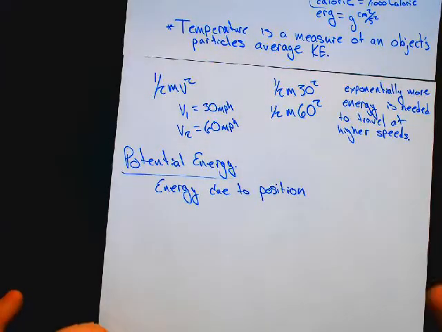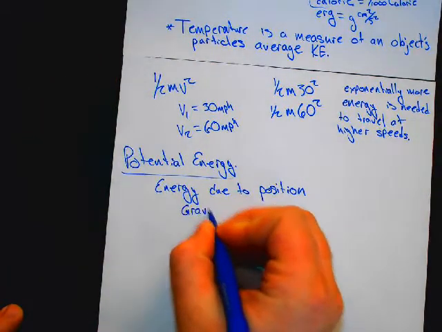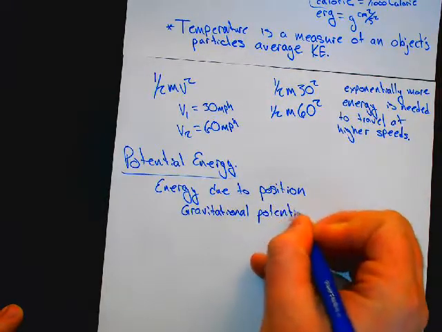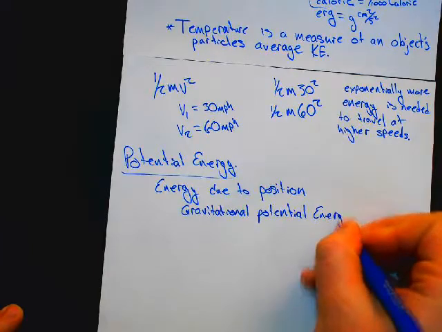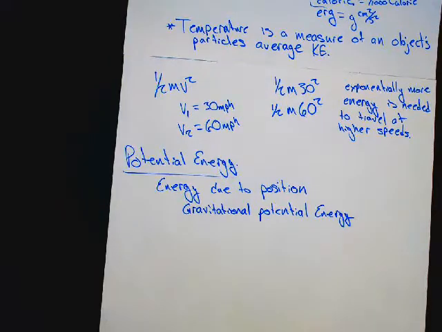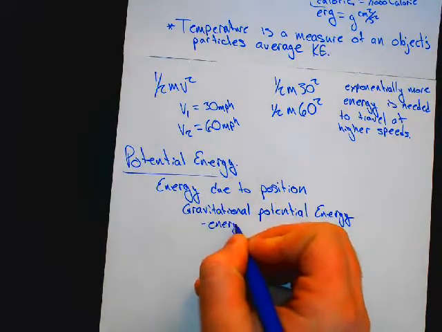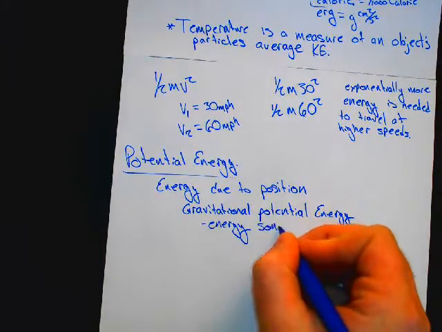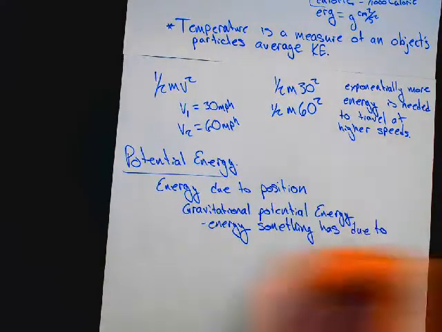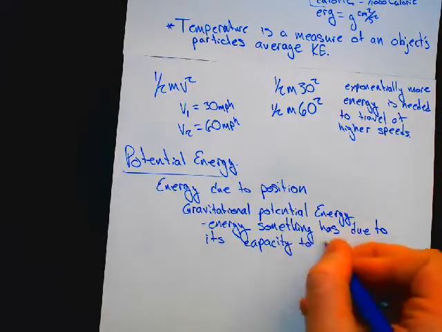Now, the first one we're going to talk about, the one you probably covered in physical science, is gravitational potential energy. Gravitational potential energy is the energy that something has due to its capacity to fall.